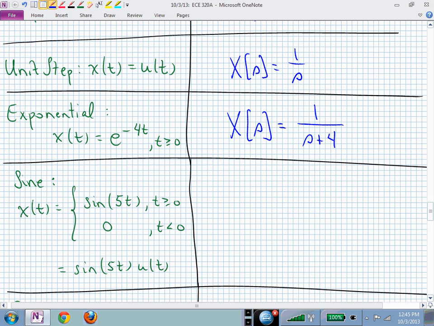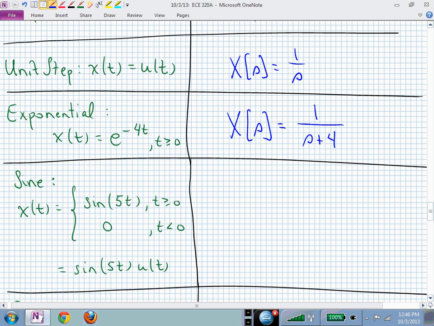I want you to get comfortable when somebody multiplies a waveform by the unit step, they're using that unit step as if it was a switch. This u of t is only 0 or 1. It's 0 whenever the argument is less than 0, so it annihilates this for all values of t less than 0.